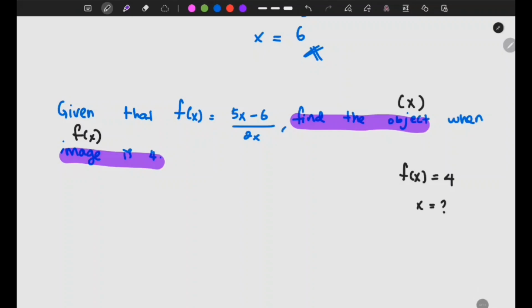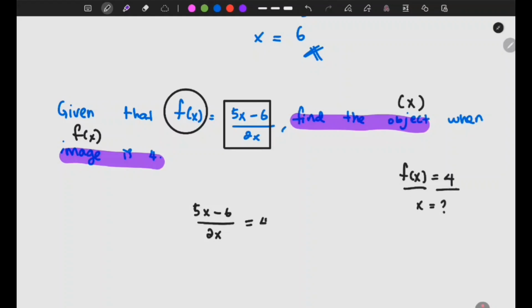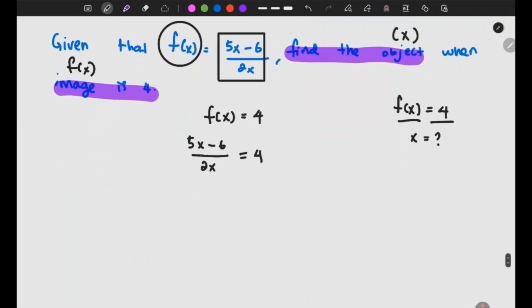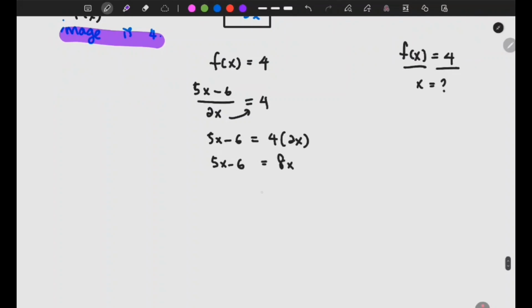So you know your f(x) is 4, and they also give you what your f(x) is. It's (5x - 6)/2x. So another way of writing the f(x) is this way, and I know this equals 4. Now I need to find my x. So you just have to do simple basic maths. Your 2x you bring here, 4 times 2x gives you 8x.